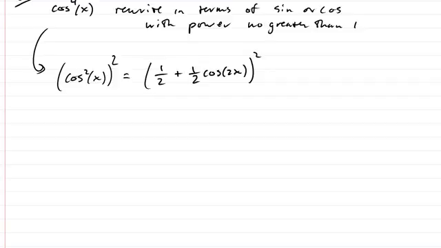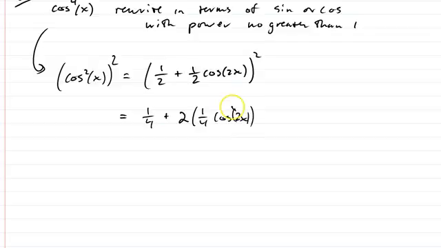Now I think the easiest next step is to FOIL that out. We have 2 of these parentheses to FOIL. 1/2 times 1/2 is 1/4. Now you're going to do 1/2 times this, and then this times 1/2, so there's going to be 2 of them. So you have 2 times 1/4 cosine 2x.